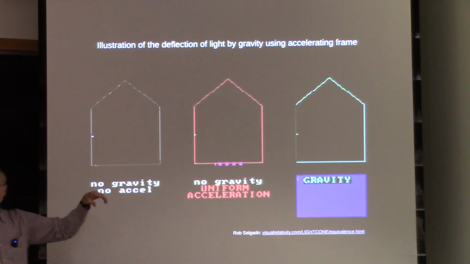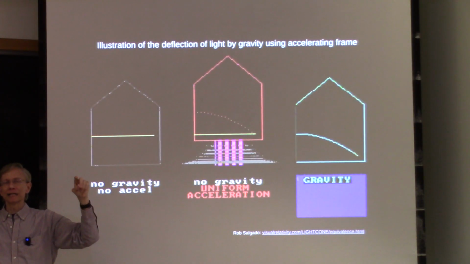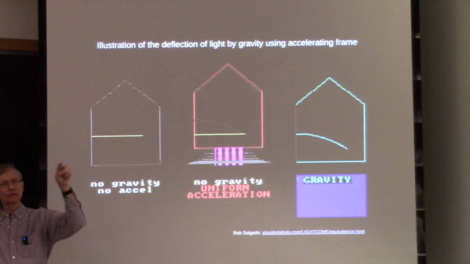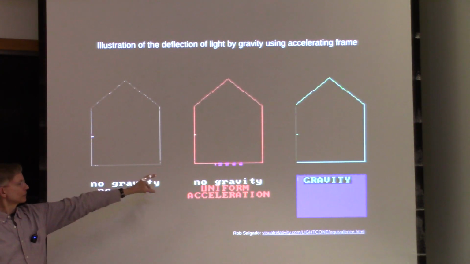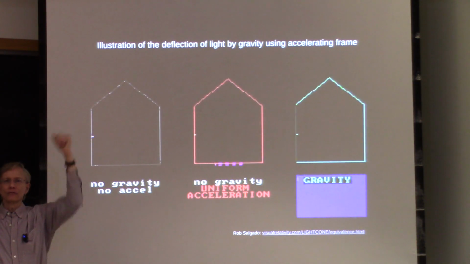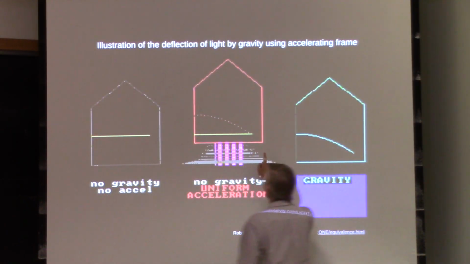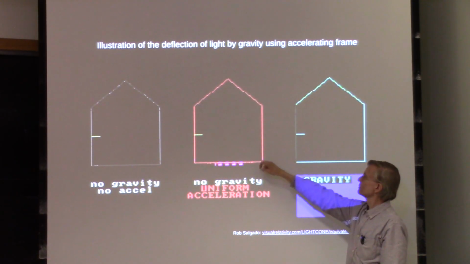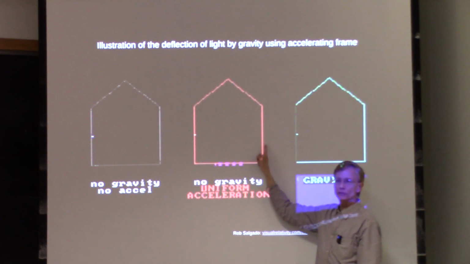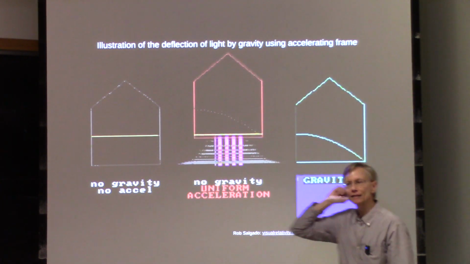Okay, well, if we're far out in space and we're observing from the outside, then the photon must move along a nice straight horizontal line. But if the rocket is accelerating while the photon's traveling within it, then the floor is accelerating up towards the photon, so that relative to the accelerating rocket, the photon follows a curved trajectory simply because of the acceleration of the rocket.